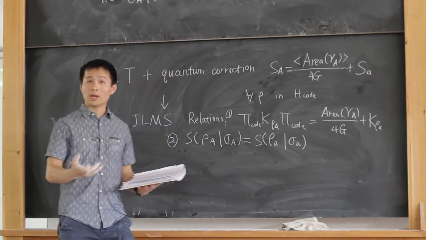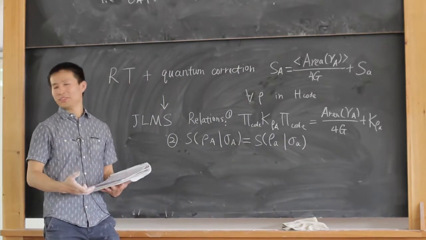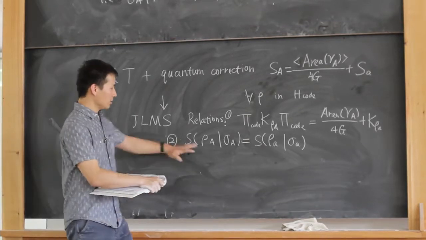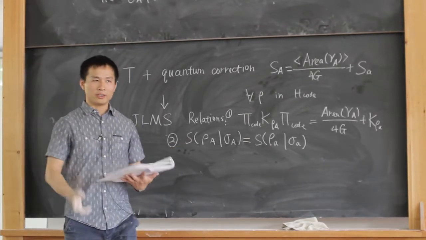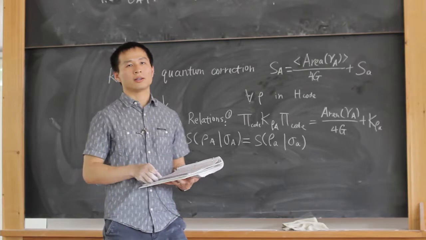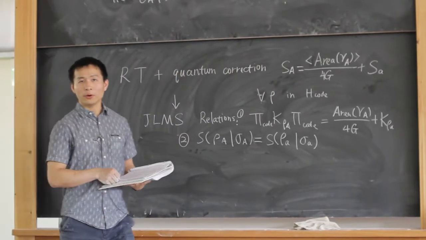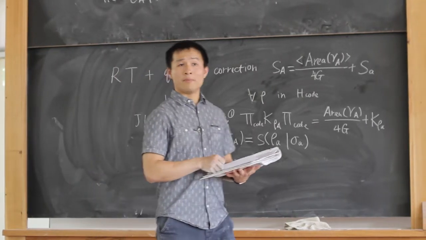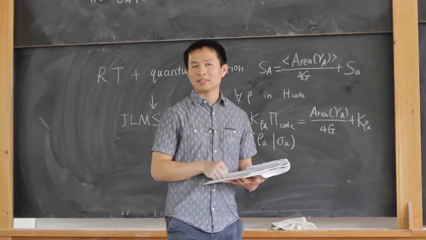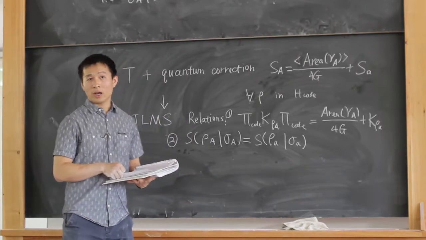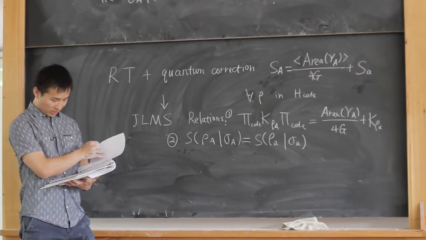So it's 0 when the two states are exactly the same, and generally it's positive. This is saying, very intuitively, that if we take two states in the code subspace, then they are as distinguishable in the bulk, in the entanglement wedge, as they are distinguishable on the boundary region A.